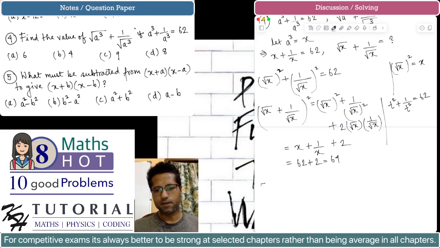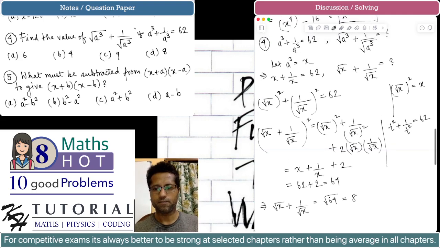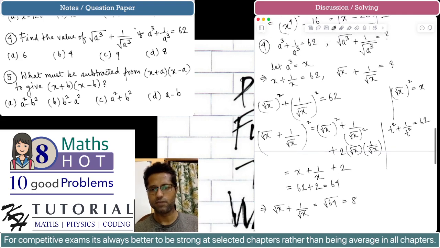So this implies that (root x plus 1 by root x) whole square is 64. So root x plus 1 by root x will be equal to square root of 64, which is 8.